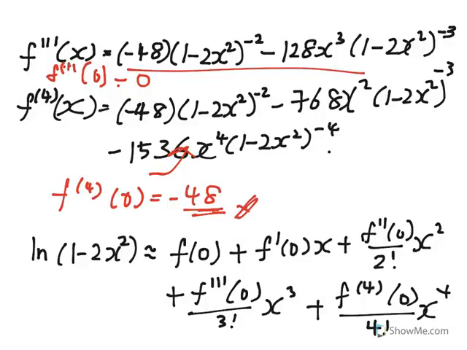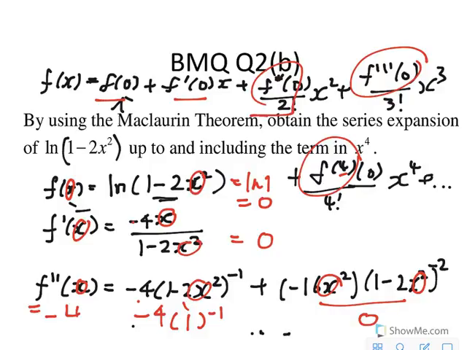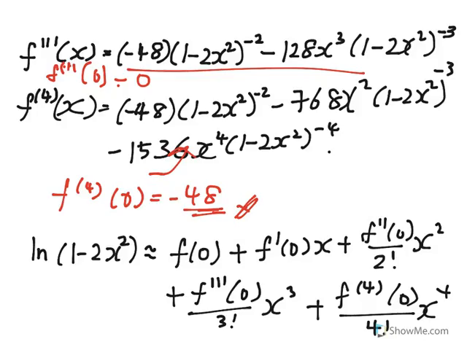Okay, so now all you do is sub. We know that f of 0 from just now is 0, f prime 0 is 0, and f double prime 0 is negative 4.